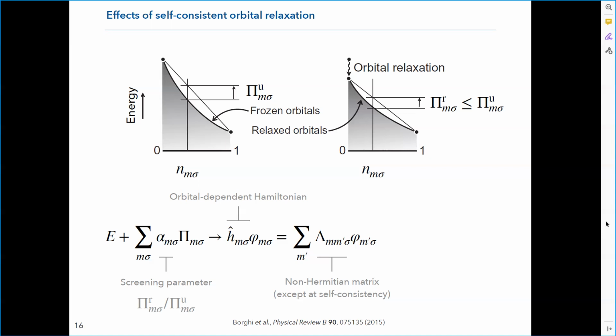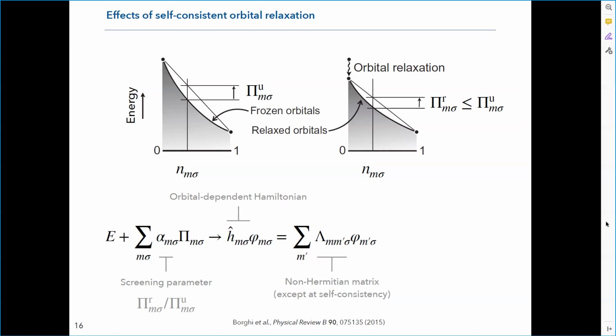As a result, you switch from an effective field approximation in which the effective field applies to all of the orbitals to an approximation in which each orbital has a specific Hamiltonian that essentially removes the self-interaction effect, removes its own contribution to the effective potential.